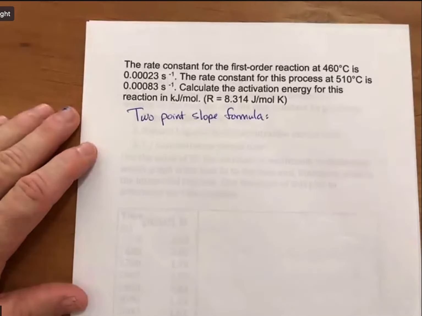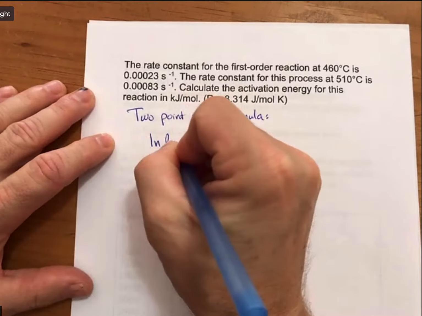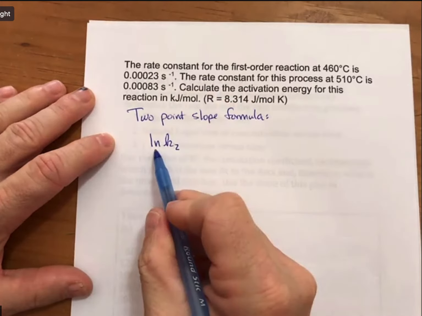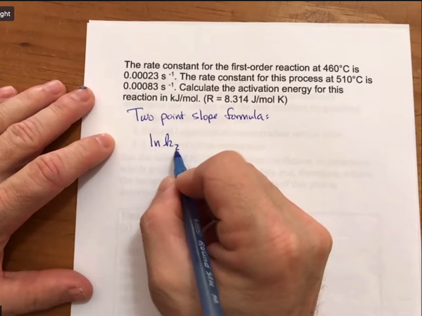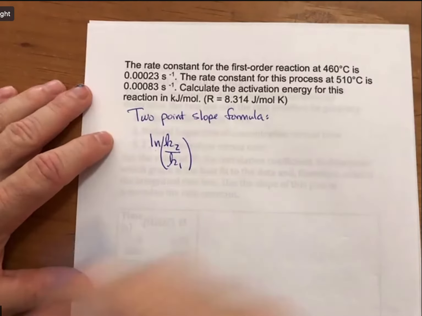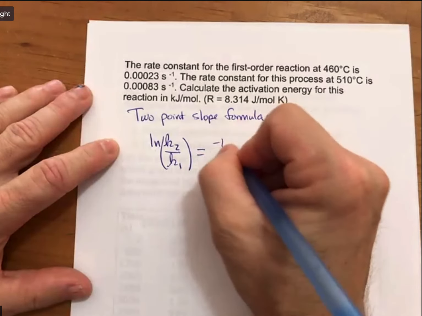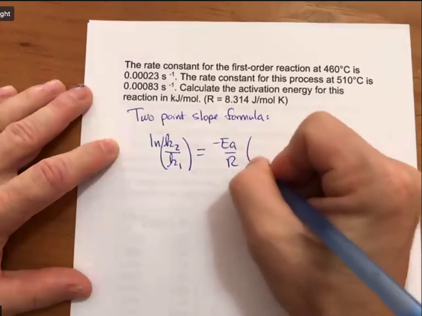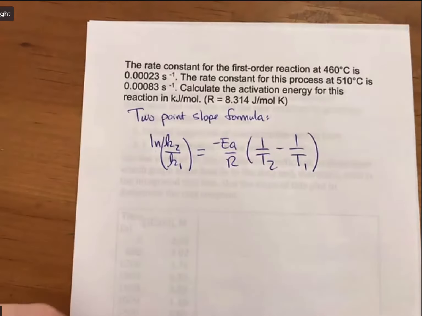The 2-point slope formula says the natural log of the rate constant at temperature 2 over the rate constant at the first temperature equals minus EA over R times 1 over T2 minus 1 over T1.